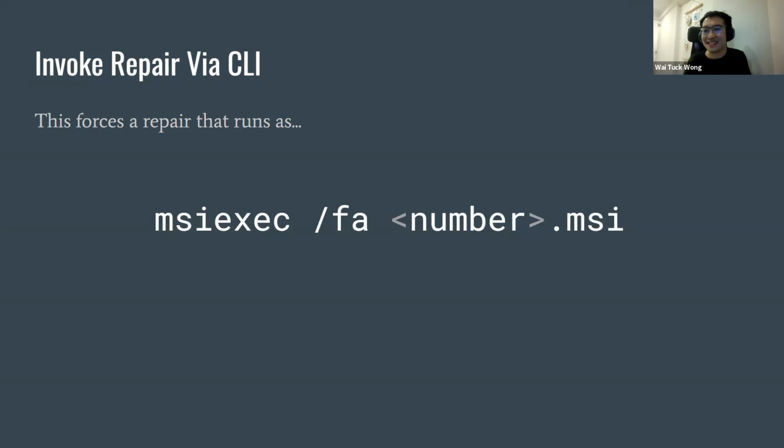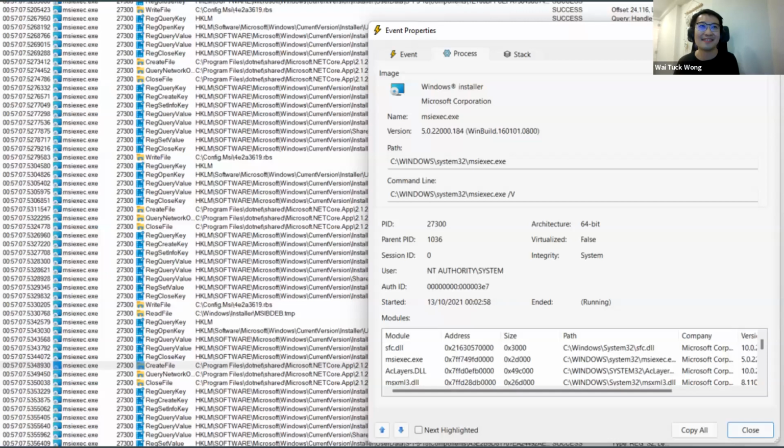The second, more interesting property about this is that as a low privilege user, if you try to run this and then use Process Monitor to look at what's happening, of course, I tried to run this on a .NET Core installer.